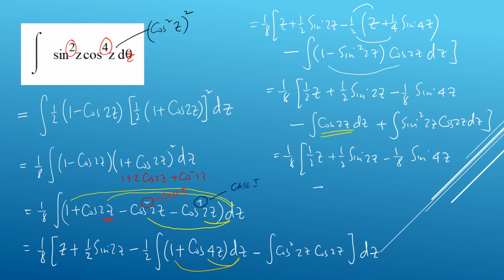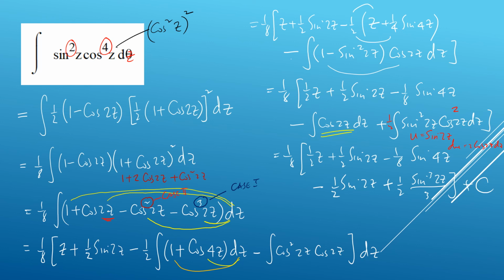Okay? So we continue. 1/8 1/2 z plus 1/2 sine of 2z minus 1/8 sine of 4z minus the integral of cosine 2z is sine 2z, but because of 2z we shall write 1/2. Plus, for the last integral, we will be using here the power formula where u is sine 2z and du is 2 cosine 2z dz. So it lacks 2, we multiply by 1/2. So that will be 1/2. Sine squared will become sine cubed 2z all over 3 plus c.